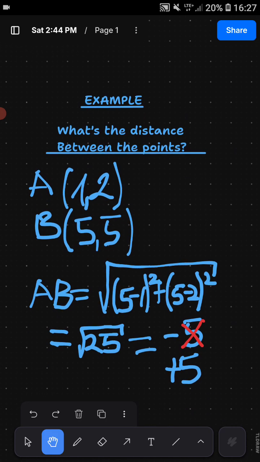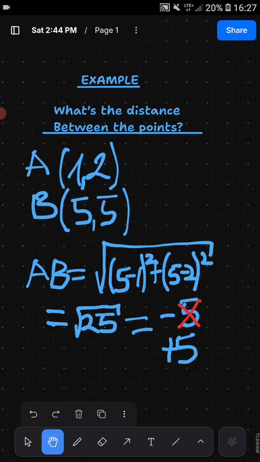So for a quick example, what's the distance between the points A and B? We can easily represent it on an xy plane, and the distance AB, which is the hypotenuse, is going to be given by the square root of (5 minus 1) all squared plus (5 minus 2) all squared.